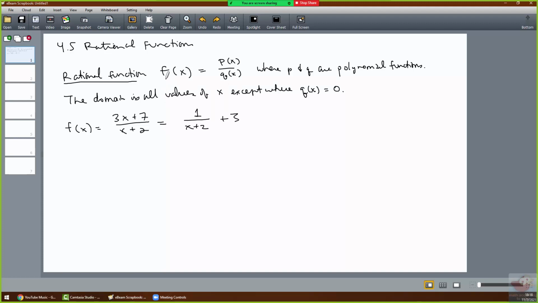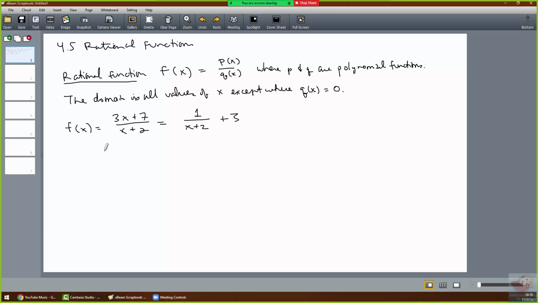Anyways, notice by writing it as 1 over x plus 2, plus 3, this is now a transformation of 1 over x. It's actually very similar to your test. Your test had minus 2, I think it was. This one has plus 3.